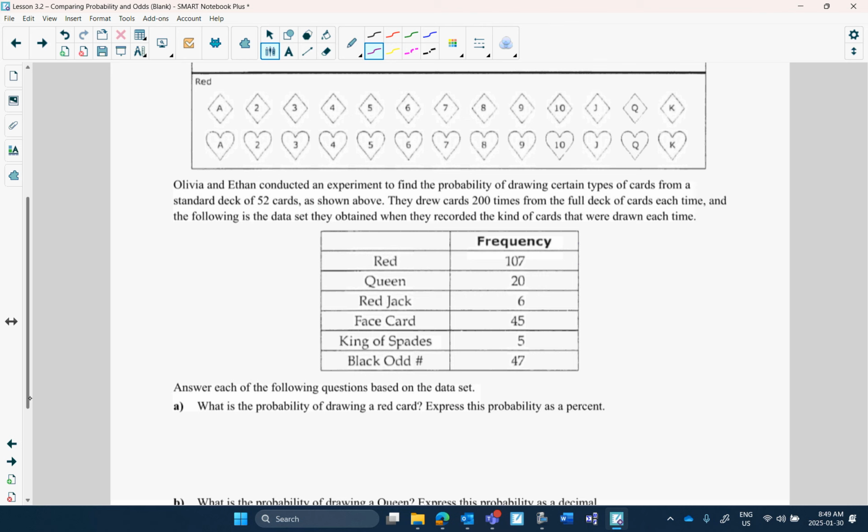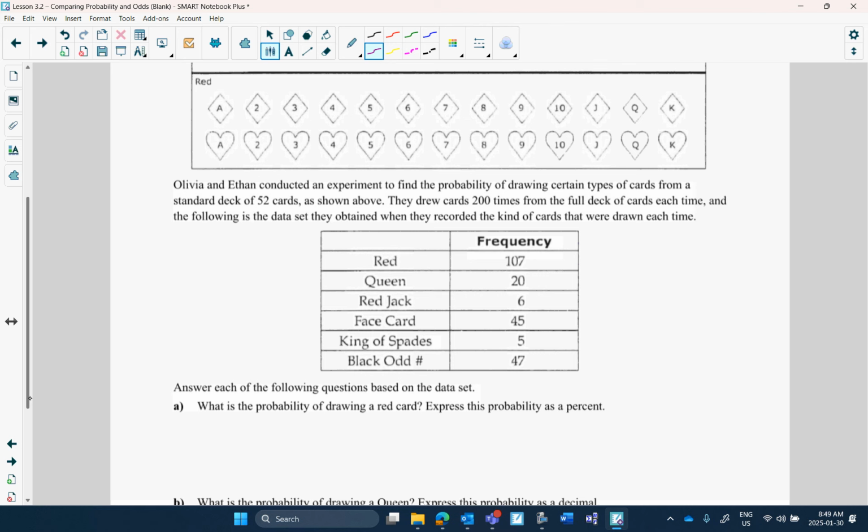But what happens if you actually do it, if you try it? You're not going to get the same odds. And if you guys remember this from stats last year, probability is unpredictable in the short run, but predictable in the long run.